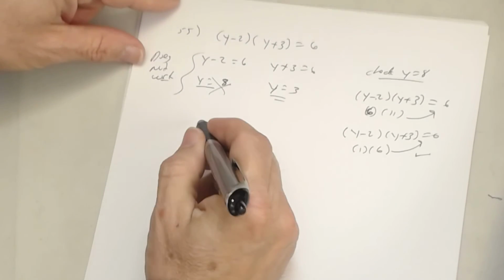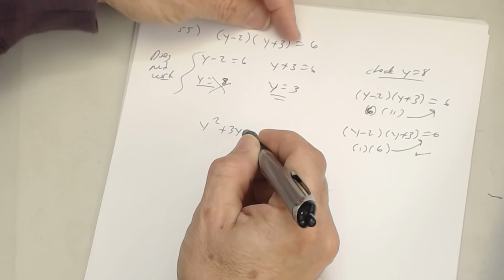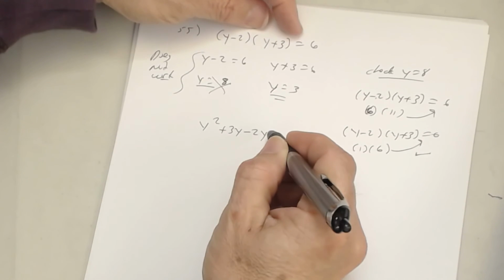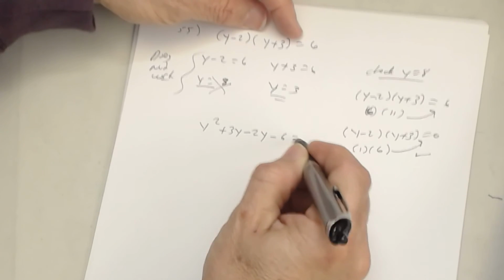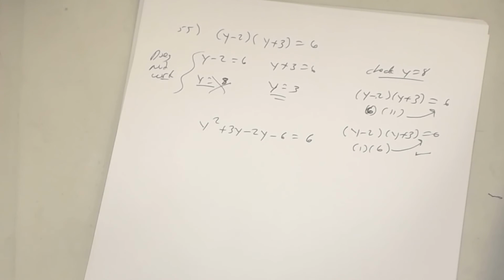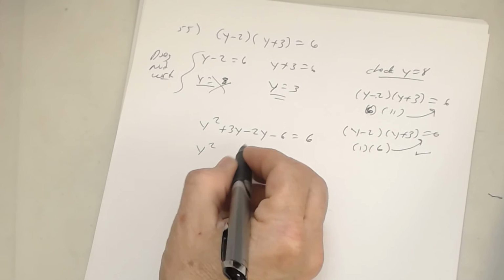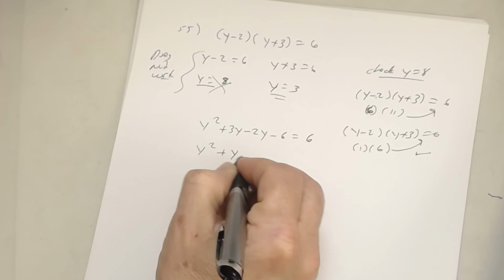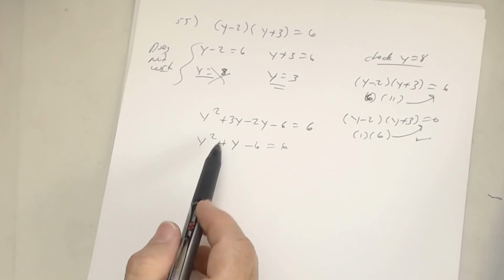What's the outer? 3y. What's the inner? Minus 2y. And the last? Minus 6, right? Equal what? 6. Combine like terms. 3y and a negative 2y is y, correct? Minus 6 equals 6. So notice I get this quadratic equation.